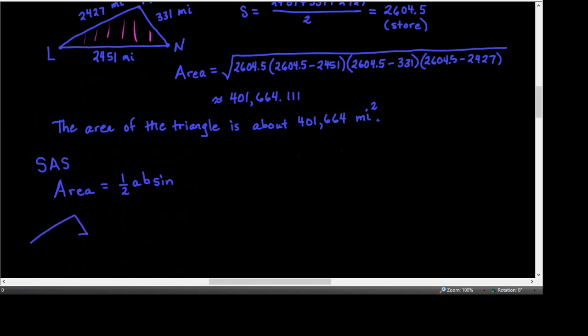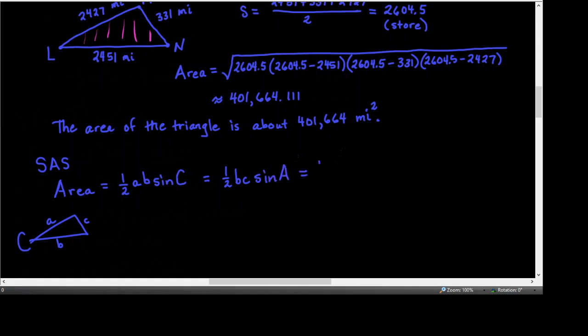If you think about it, if this is A and this is B, then this is side C, and that makes this angle C. So that would be the sine of C. So you end up using all three letters. And in side angle side, those are the two sides that are given and the angle between them, which uses all three letters. So this formula could be written 1/2 BC sine A. Notice all three letters are used.